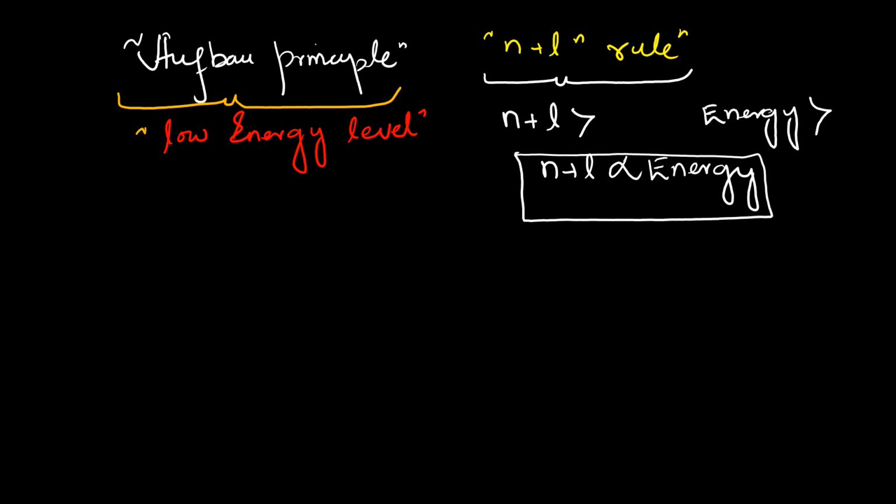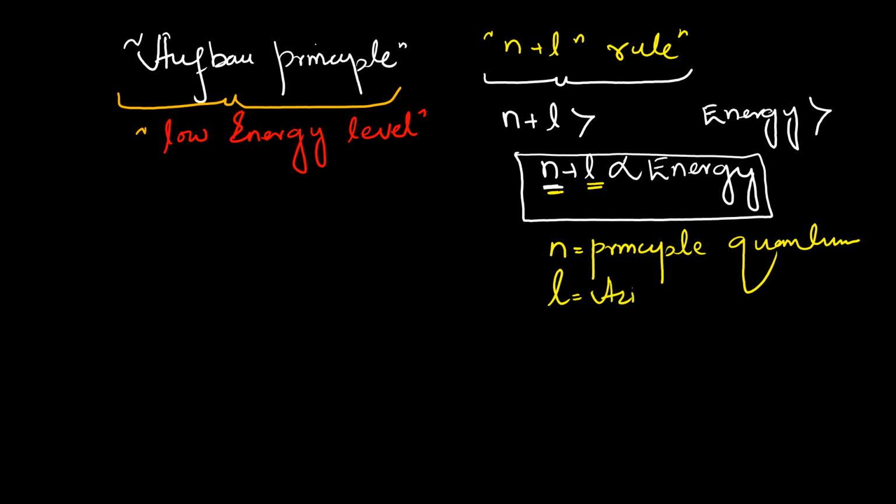Student, please keep in mind that n is the principal quantum number, whereas l is the azimuthal quantum number.